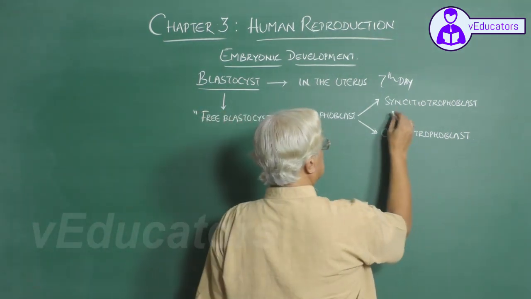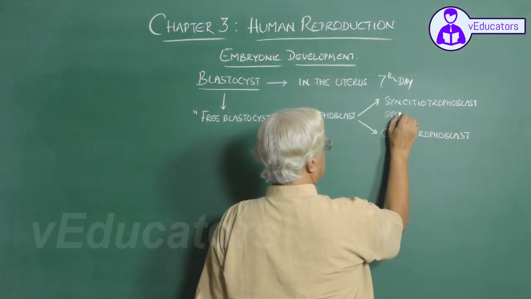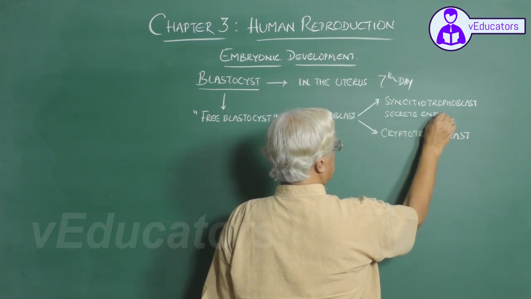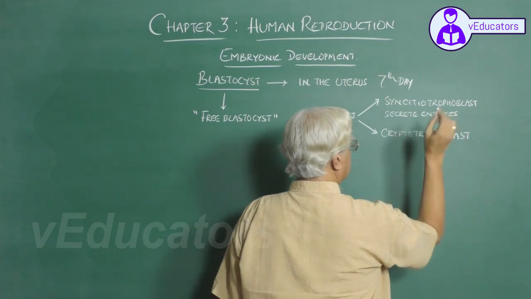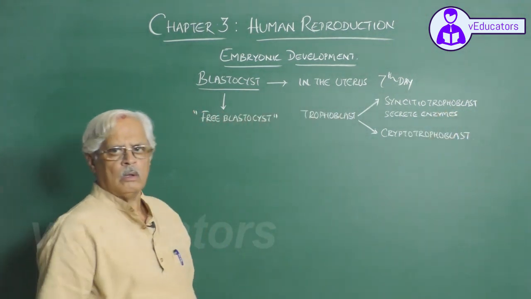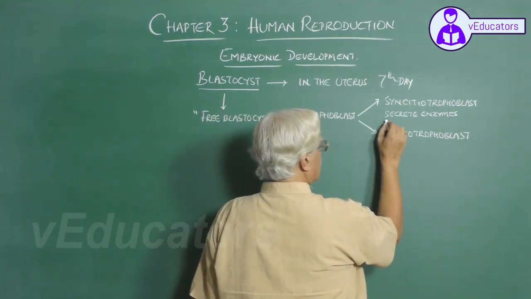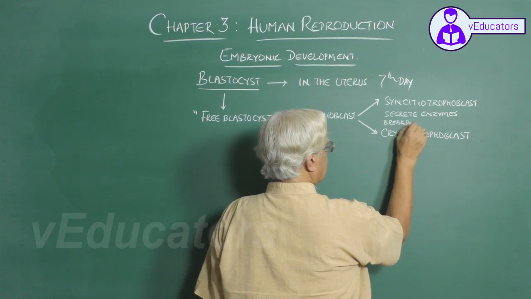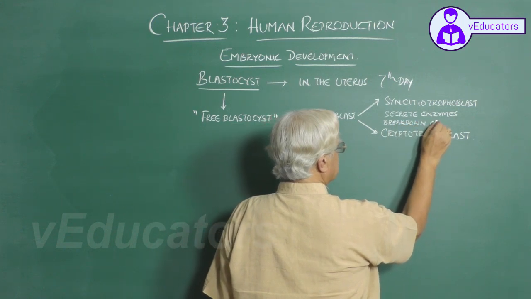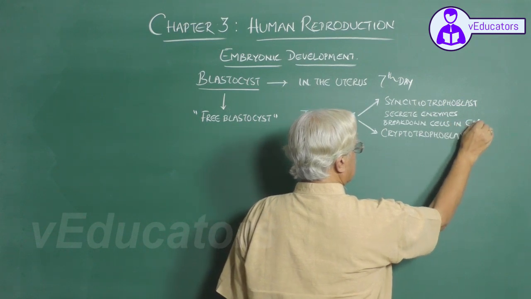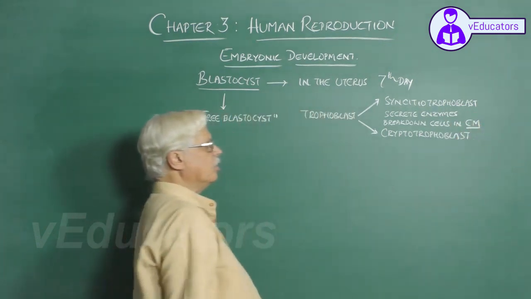Syncytiotrophoblast cells secrete some enzymes, and these enzymes break down cells in the endometrium, the lining of the uterus.